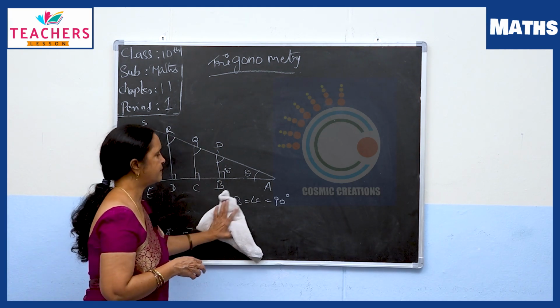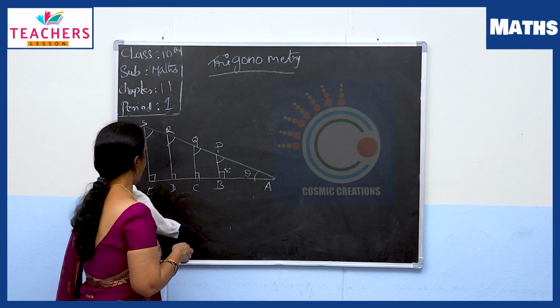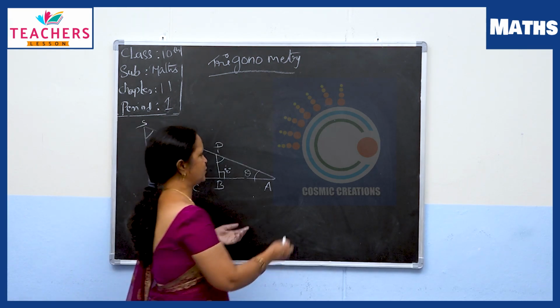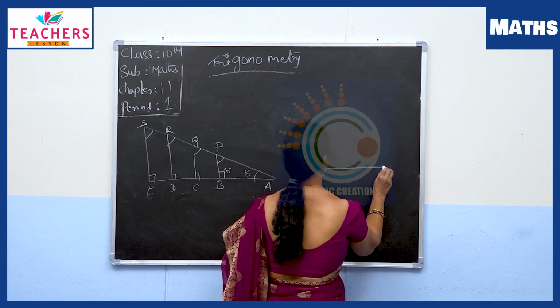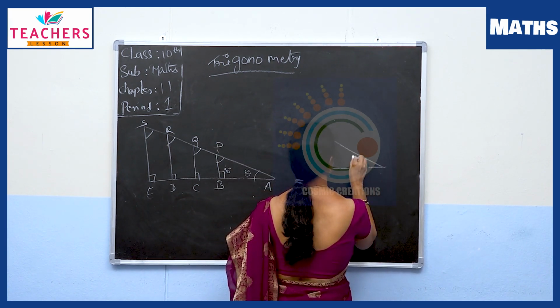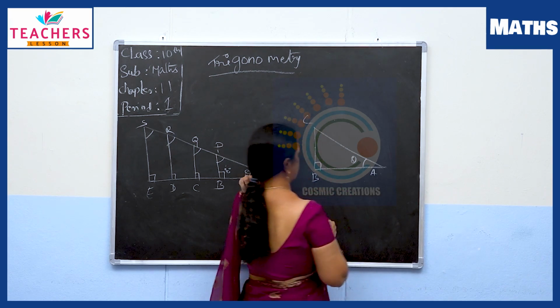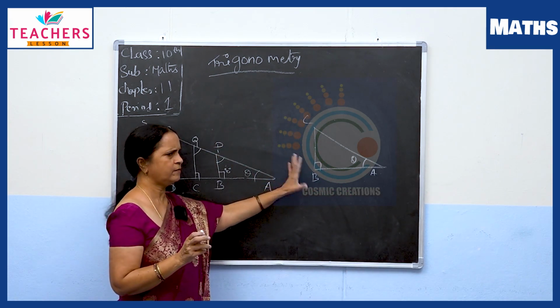I am going to write for all the given triangles the hypotenuse, adjacent and opposite. What is opposite? What is adjacent? I will let you know. Just to make you understand, I am writing the other triangle.